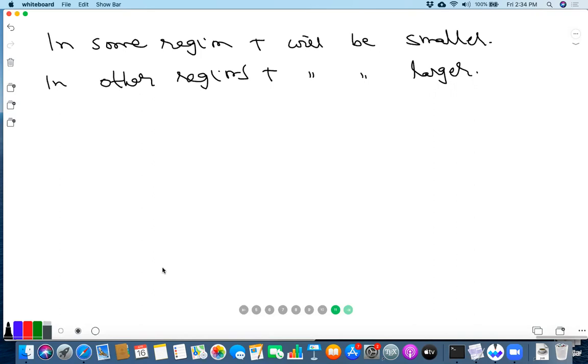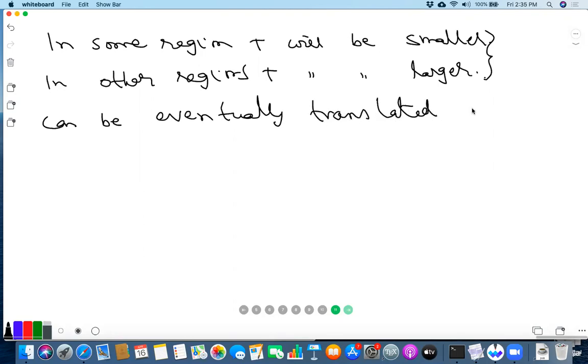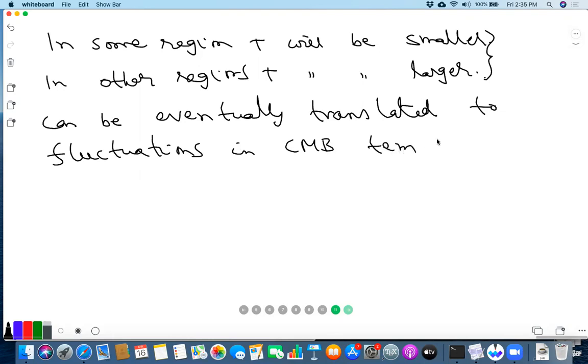So this information can't be directly translated to CMB fluctuation, but one can show that by doing this, you can eventually translate this to fluctuations in CMB temperature. Okay, and that's what we'll try to work out.